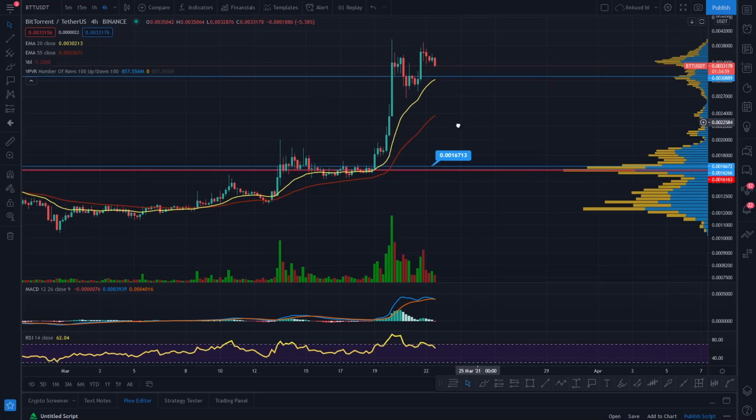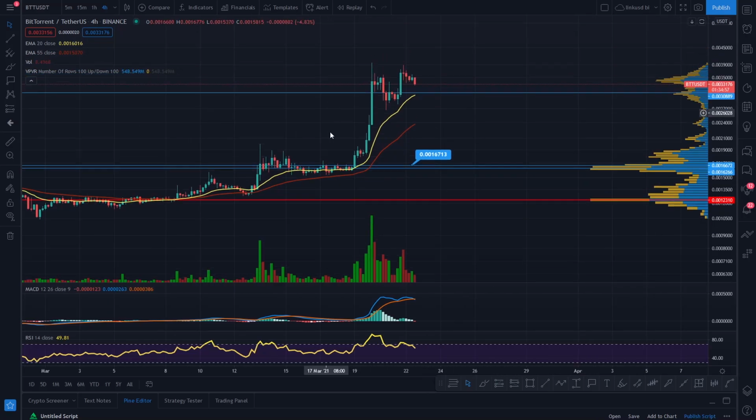If we were to lose these EMAs, then you would be looking at this as a really rock solid bottom. But as we go down, if it does go down, guys, by the way, there's a level of support here, and then that level there as a level of support as well.